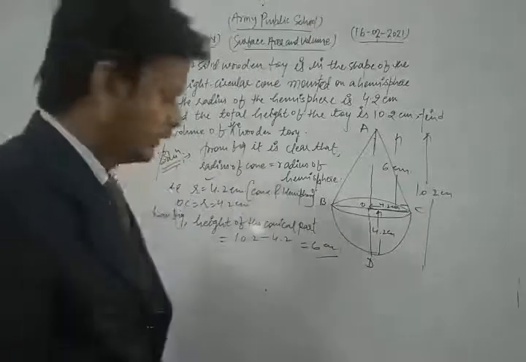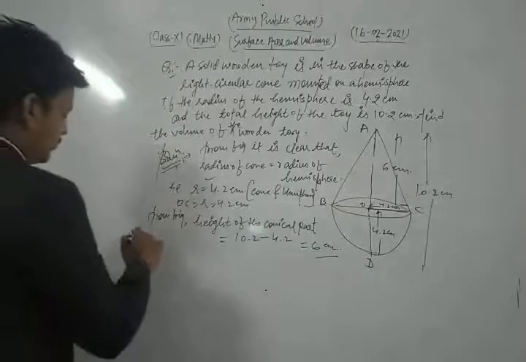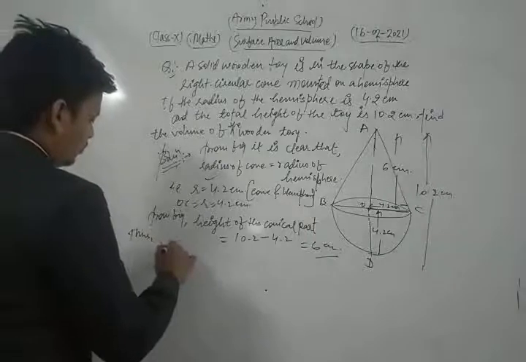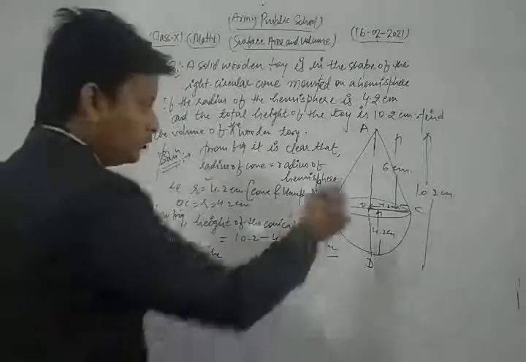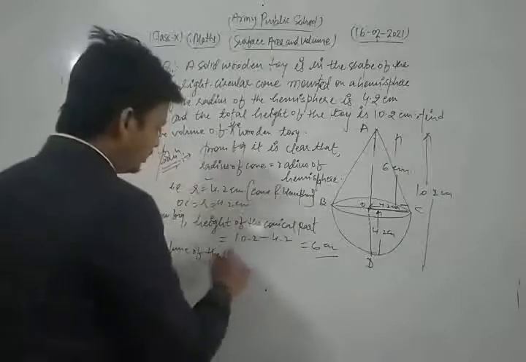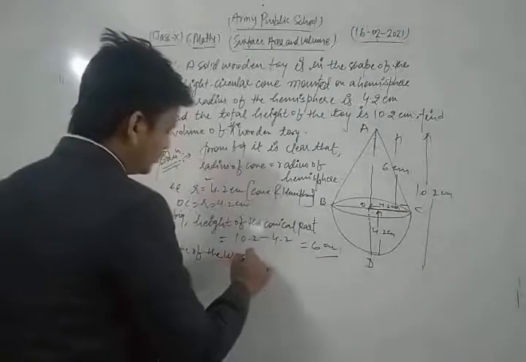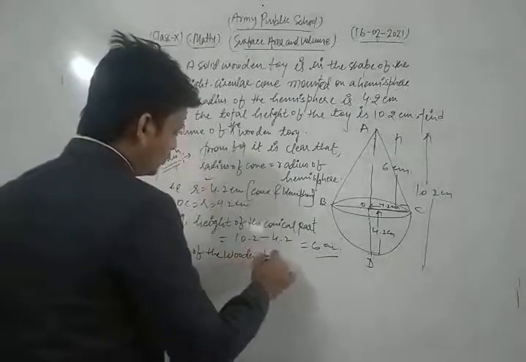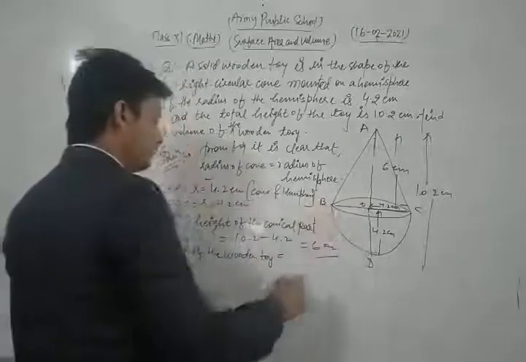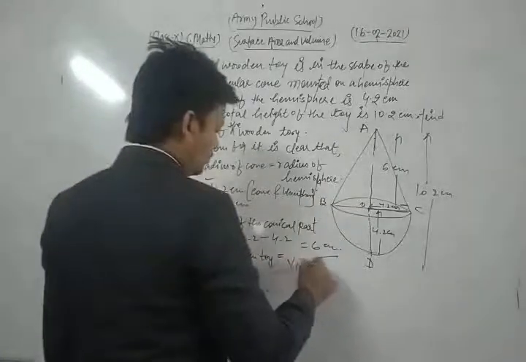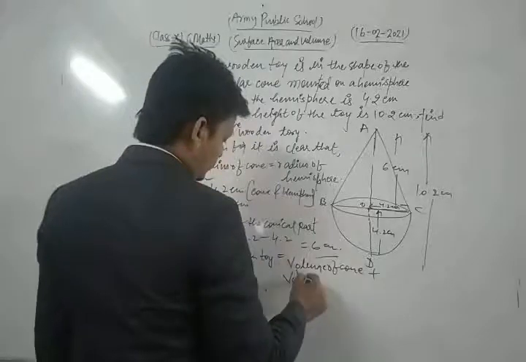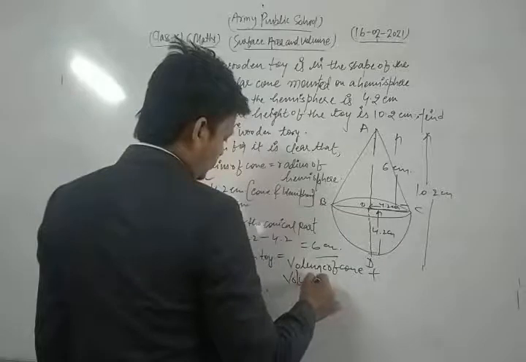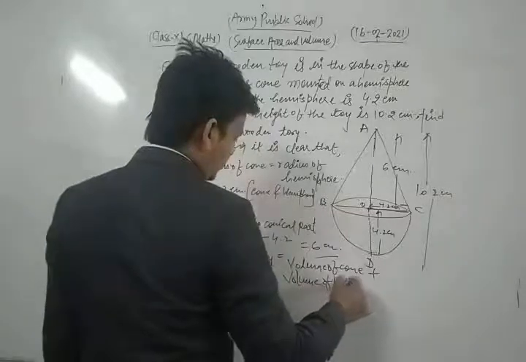Thus, the volume of the wooden toy is equal to the volume of the cone plus the volume of the hemisphere.